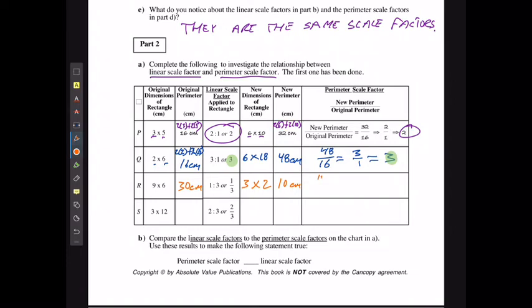Well, 10 divided by 30 is the same as 1 over 3, which, once again, matches my scale factor.